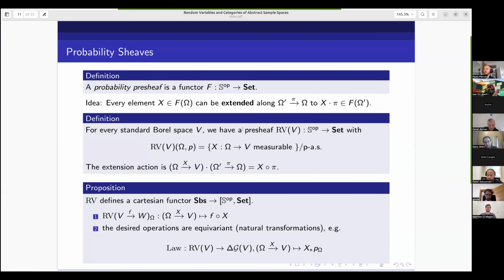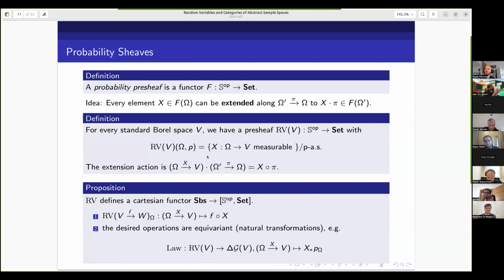Now, the sheaf or the pre-sheaf that we're interested in is random variables. How do we set this up? We say for a given space V, we define this functor random variables of type V as follows. If we're given a sample space, then a random variable over that particular sample space is a measurable function. That's the ordinary maths definition, up to p almost sure equality.